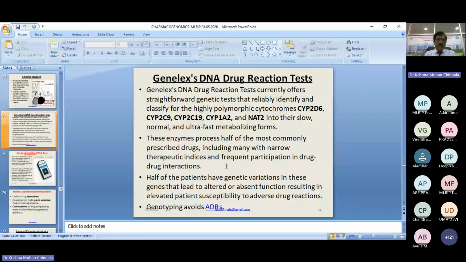Okay, so think about the drugs and genes. Half of the patients have genetic variations in these genes that lead to altered or absent function, resulting in elevated patient susceptibility to adverse drug reactions. Genotyping avoids adverse drug reactions.